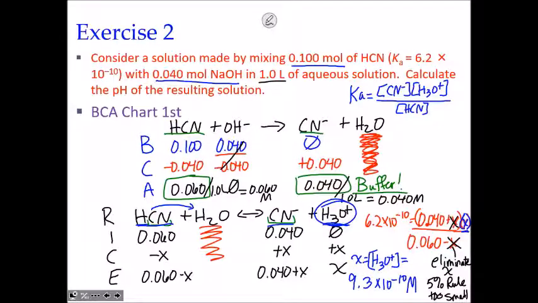And then all we have to do at this point to figure out the pH is do the negative log of our hydronium. That's going to give us the pH. So do the negative log of 9.3 times 10 to the minus 10. And you notice that this is going to be 9.03. That's the pH, 9.03.